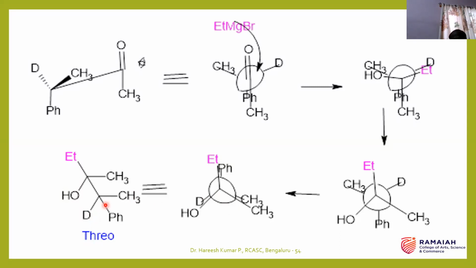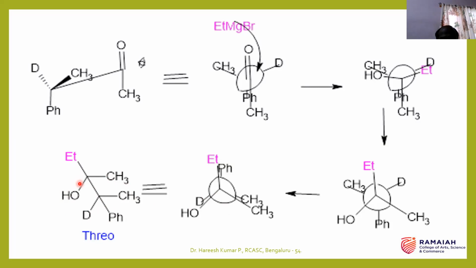Here also you can observe that this is a threo compound. Why? Between CH3 and deuterium, this is the bulky, and between CH3 and OH, this is the bulky. These bulky groups are in opposite direction. That is the reason this is threo. So these three examples I explained as per Cram's rule.